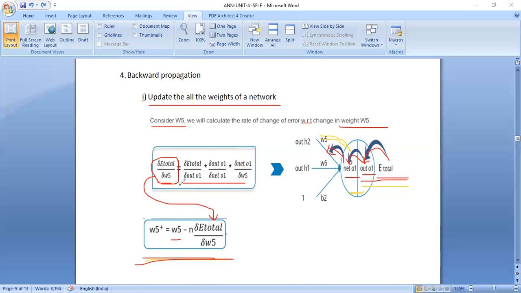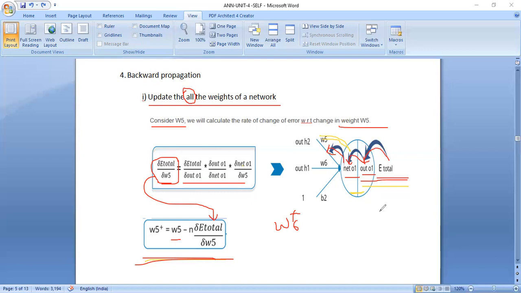After updating the W5 value, in the same manner you calculate the W6 value also. W6 is the same. If the error rate is maximum, one time you need to change all the weights, not only one weight: the W1 to W8 values.